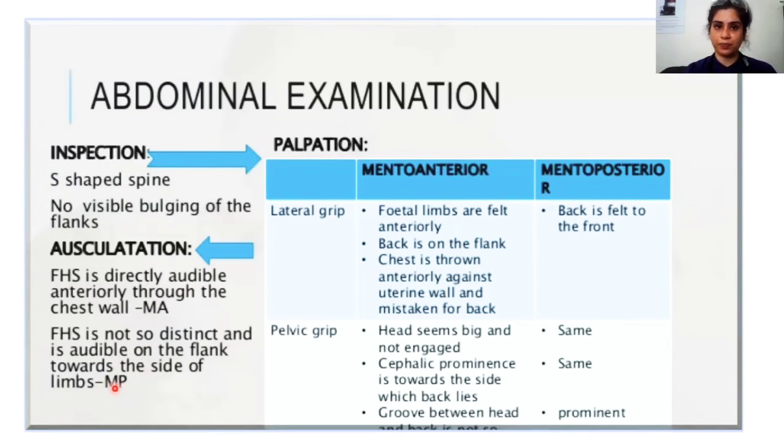On palpation in mento-anterior, on lateral grip the fetal limbs are felt anteriorly, the back is on the flank, and the chest is thrown anteriorly against the uterine wall and mistaken for the back. At the pelvic brim, the head seems big and not engaged. Cephalic prominence is on the side towards which the back lies, and a groove can be felt between the head and the back. In mento-posterior, the back is felt to the front, and the pelvic brim findings are almost the same.